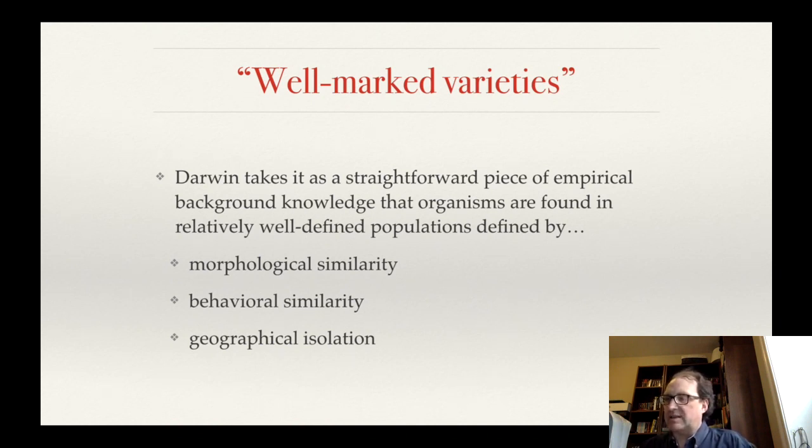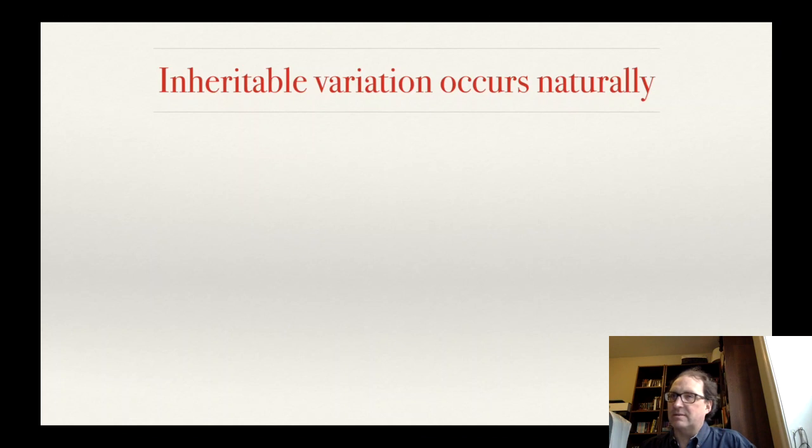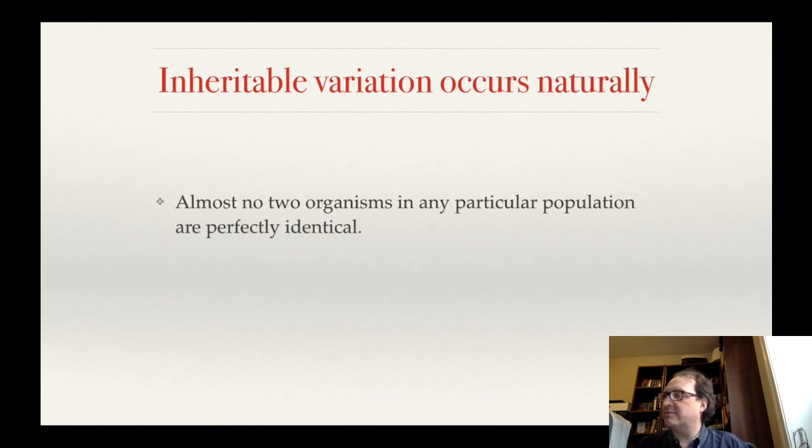Darwin turns this on its head and says, let's not ask that question. Let's start with variation. Let's start with the fact that almost no two organisms are perfectly identical.